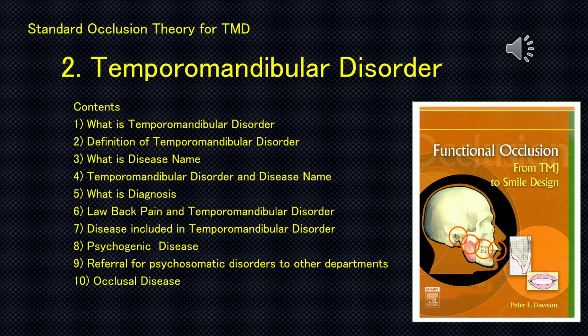What is diagnosis? 6. Low back pain and temporomandibular disorder. 7. Disease included in temporomandibular disorder. 8. Psychogenic disease. 9. Referral for psychosomatic disorders to other departments. 10. Occlusal disease.